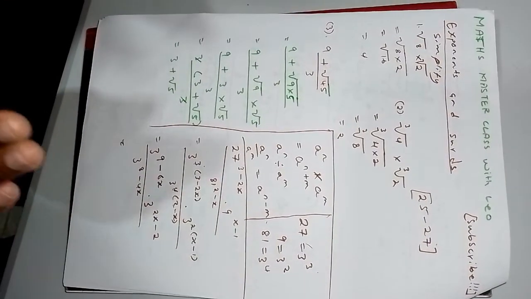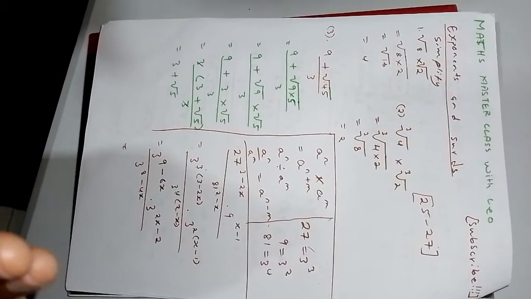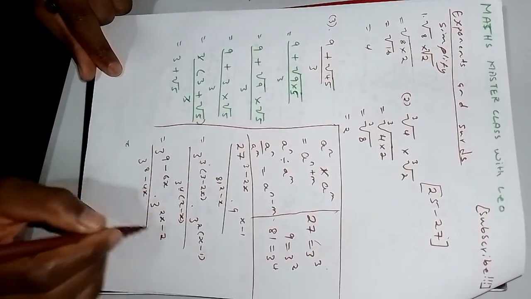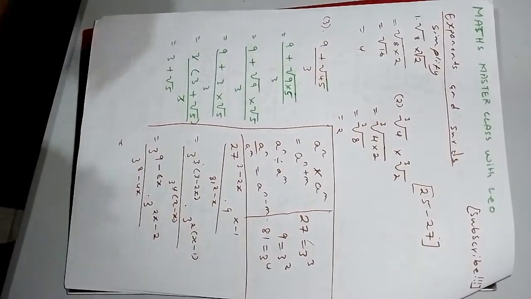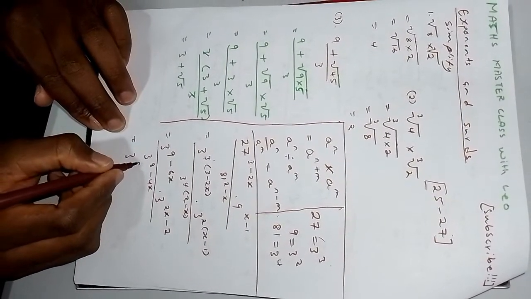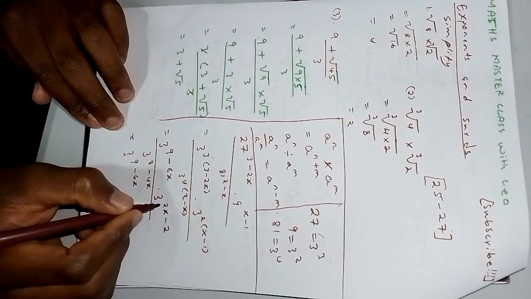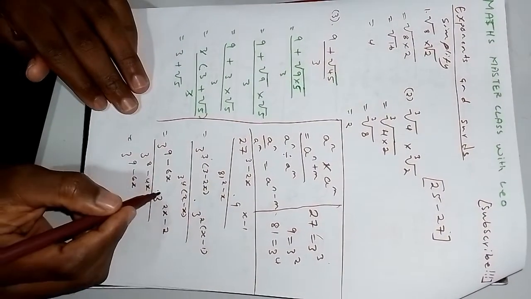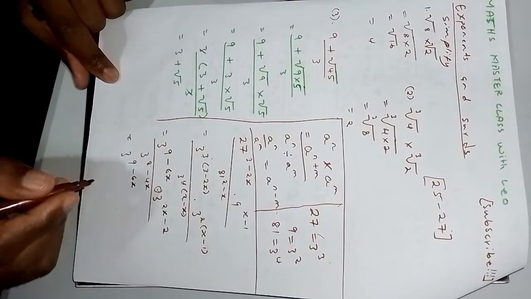Remember the BODMAS rule. Let's deal with the numerator first, then the denominator afterwards. Now I'm going to have 3 to the power 9 minus 6x, because of the first rule. The first rule says if we have a multiplication sign and the bases are the same, we can add the exponents.